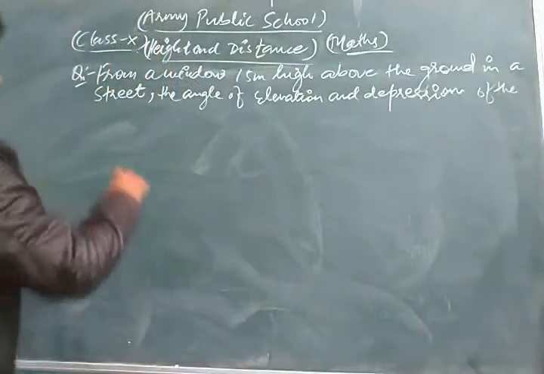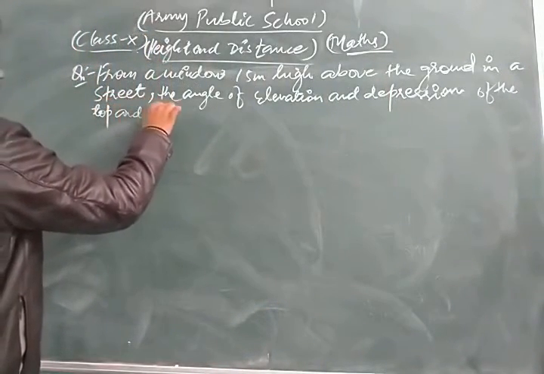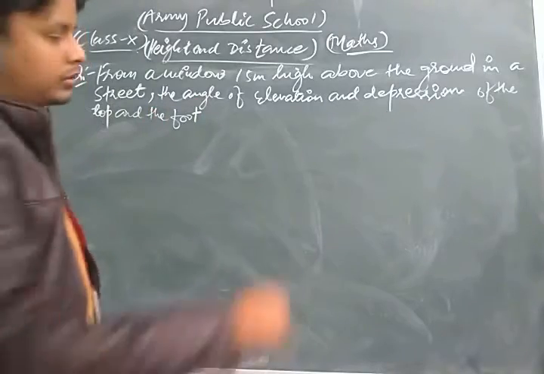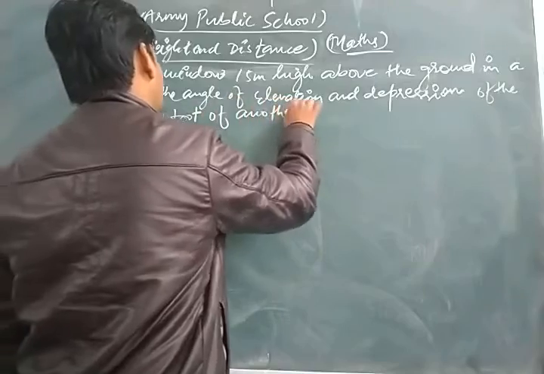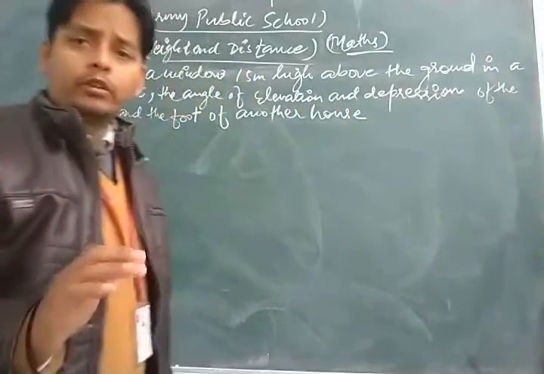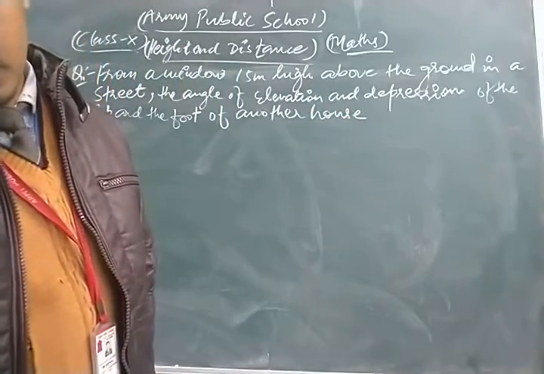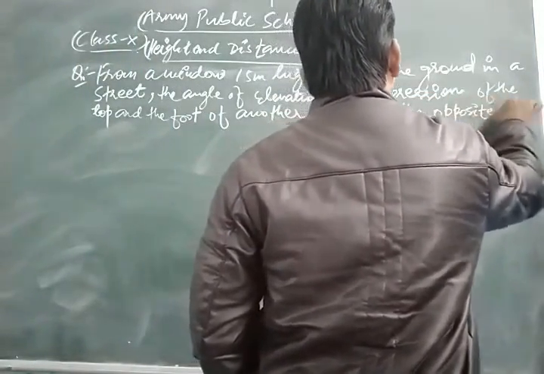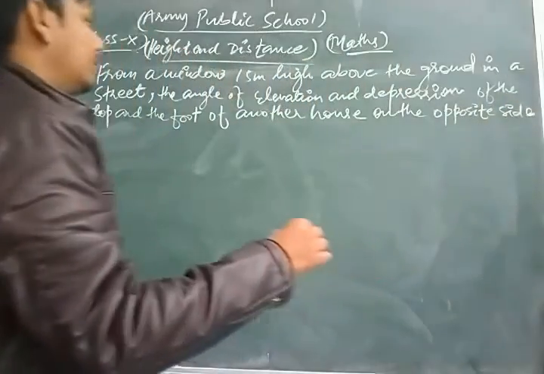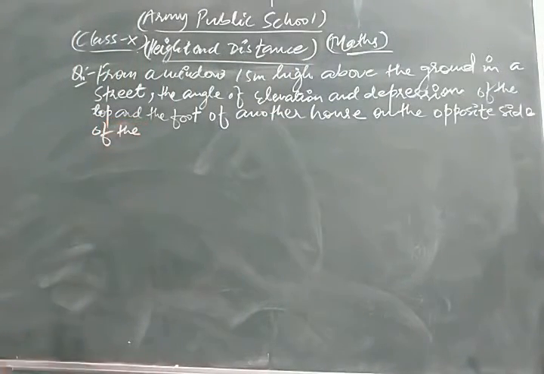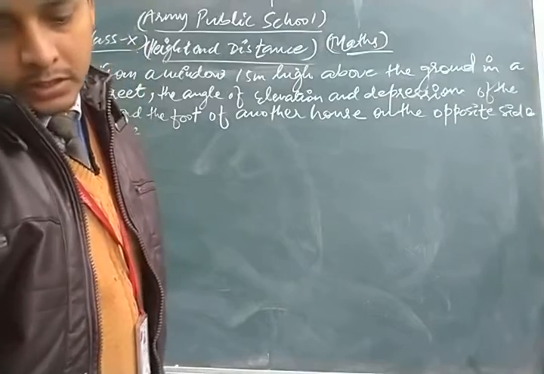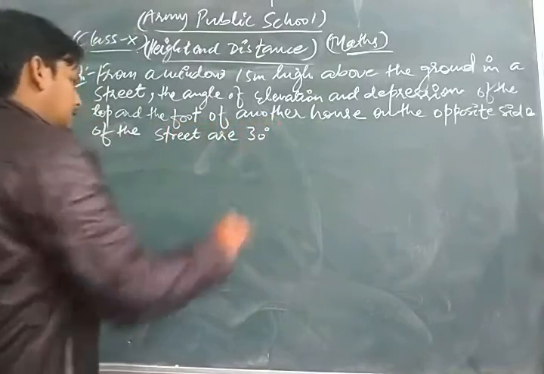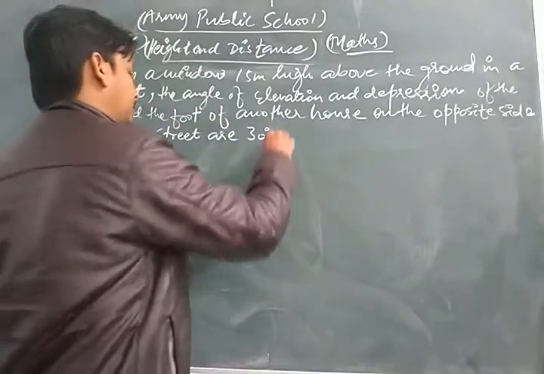of another house on the opposite side of the street are 30 degree and 45 degree respectively.